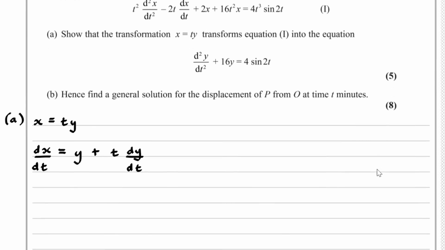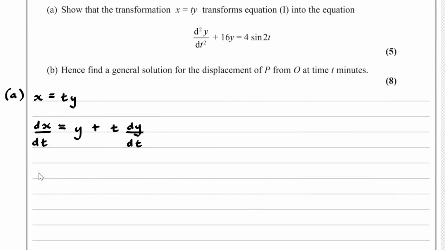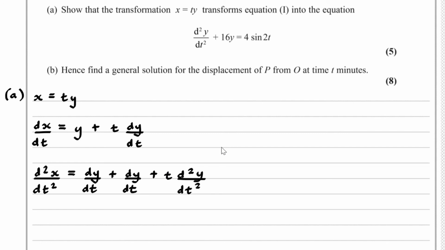And if I differentiate this once again, d squared x over dt squared is equal to, well, if I differentiate y implicitly, I end up with dy over dt. And if I use the product rule, differentiating t times dy over dt, we end up with dy over dt plus t times d squared y over dt squared.